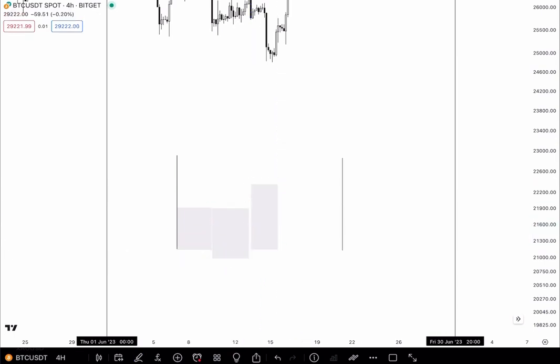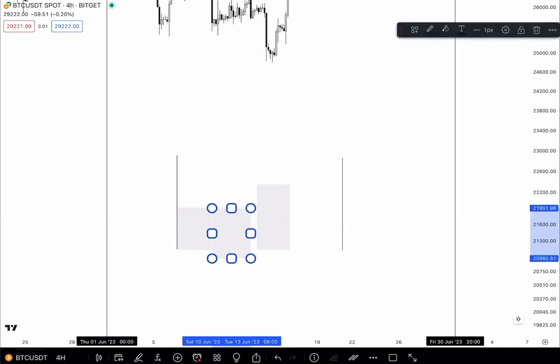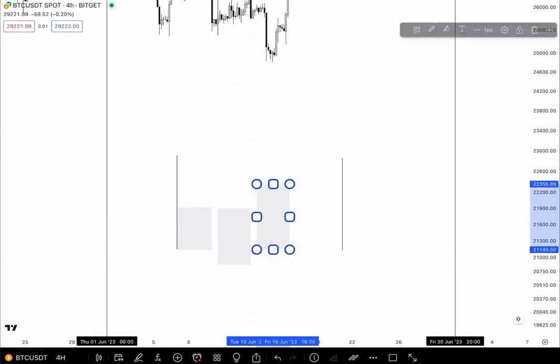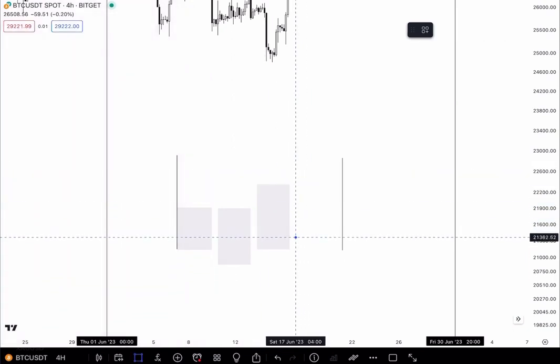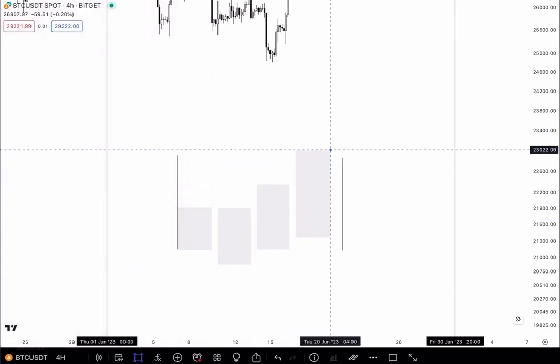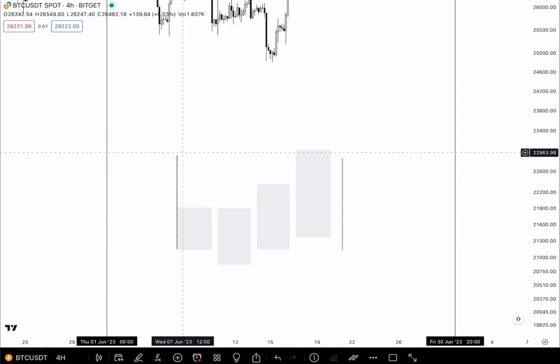So I'm waiting for a candle to accumulate within this larger candle. Waiting for accumulation, manipulation, and distribution. If you miss this, then you can trade towards a certain drawn liquidity which you've framed beforehand.